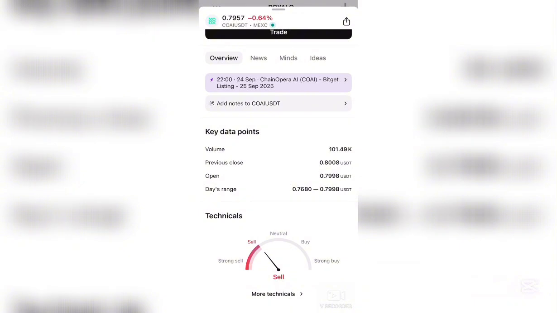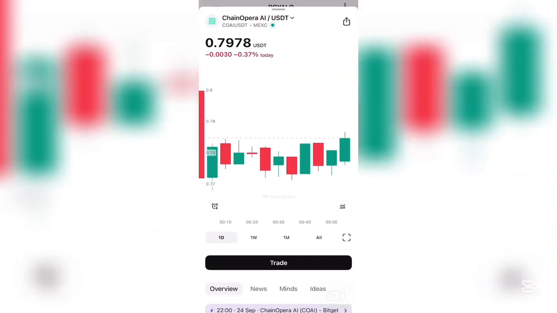The technicals show you what people are doing generally on the market, and you see that it's at red. This is like a meter. If someone is naive and just wants to enter crypto and trade, when they come to the technicals and see sell, they can go and sell. But that is a very risky way of trading.